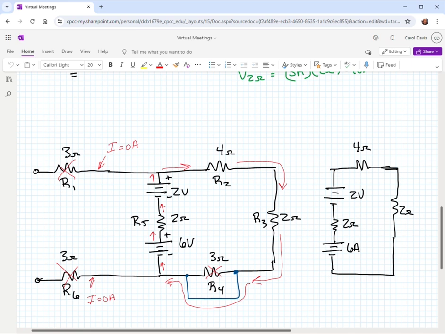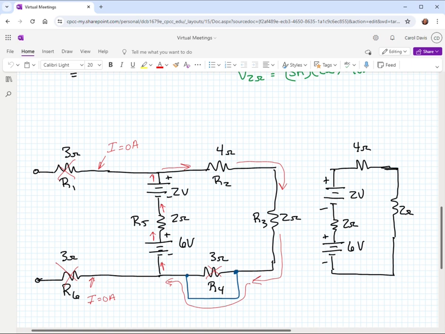Now, when you have voltage sources that are in series, you can combine them. So if you wanted to combine the 2 volts, why did I say 6 amps? That should be a 6 volt source. I don't know why I drew it that way. 6 volts. So when you have voltage sources in series, you would just add them.